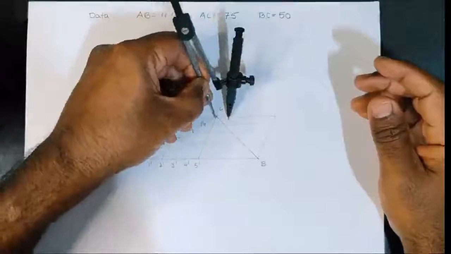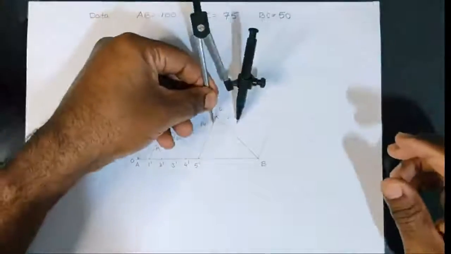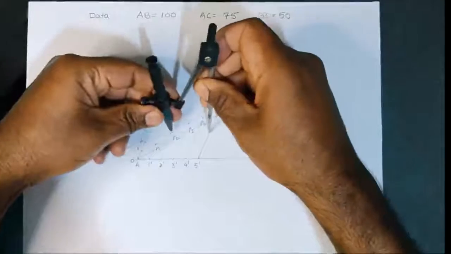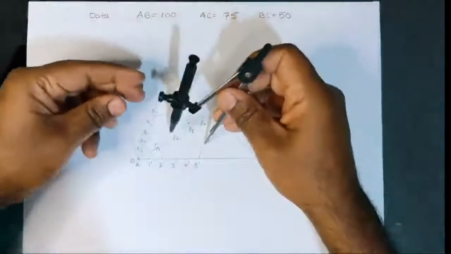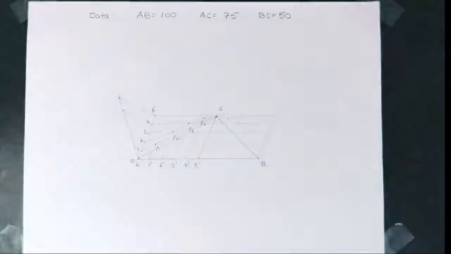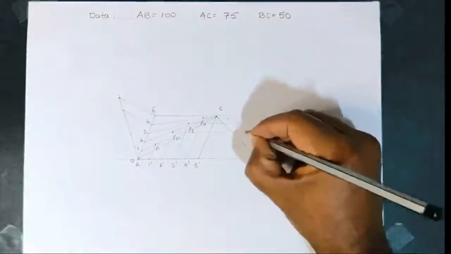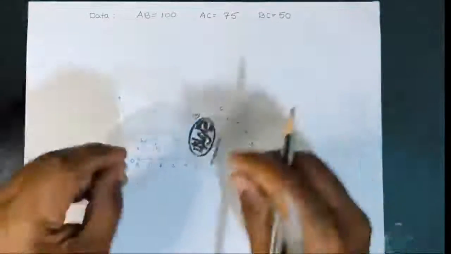We should be careful while transferring the distances. So I transfer for P4, P3, P2 and finally P1. I've got all the points, I darken them, and now I am going to join them with a smooth continuous curve.